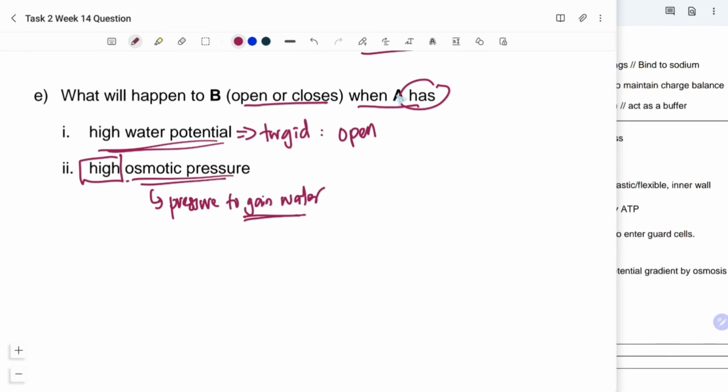So since A ada high osmotic pressure, maksudnya A itu sekarang mempunyai water potential yang rendah. So apabila dia sekarang mempunyai water potential rendah, dia adalah flaccid. Maksudnya dia sedang flaccid. Sebelum ni water itu dah move out. Okay, sebab tu dia ada high osmotic pressure, sebab air sudah hilang. Okay, cuma dia tak describe. Okay, dia cuma cerita apa yang berlaku sekarang saja. So kalau sel itu sedang flaccid, maksudnya stoma adalah closed.